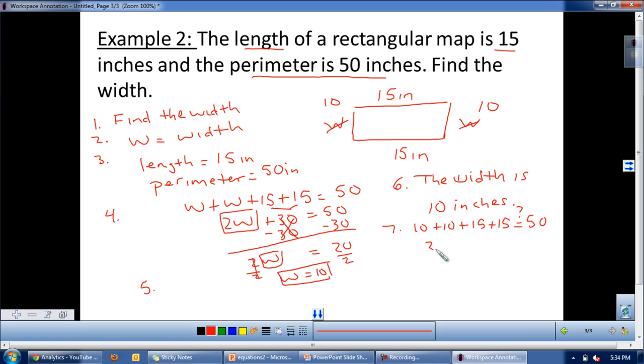Well, 10 plus 10, that's 20. 15 plus 15, that's 30. And right away we see that 20 plus 30 is 50, which then is equal to 50. And there we just solved example 2.